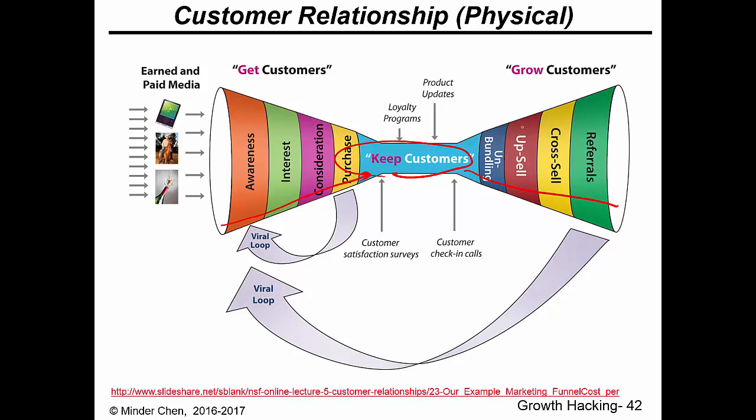And do upsell, trying to sell them a more expensive version. Cross sell, trying to sell them something that they need to work with the current product they're buying. And eventually the referral. So this is get the customer, keep customers, and grow customers.